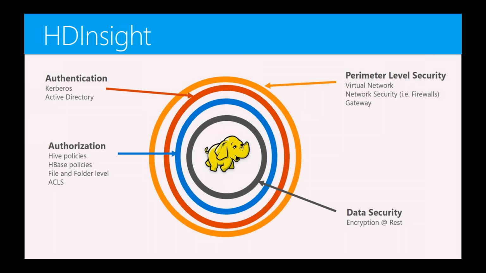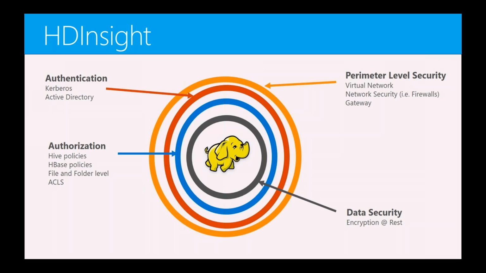Then, working your way outward, you have authorization, who has access to what objects and files in HDInsight, and then it moves on to authentication, which is one of the key features, and then perimeter level security, which is the more typical infrastructure type security.